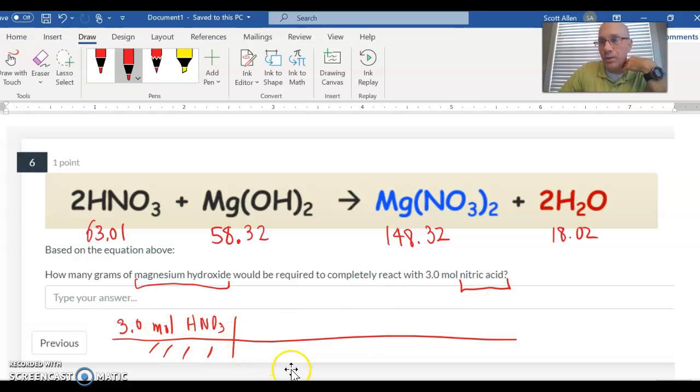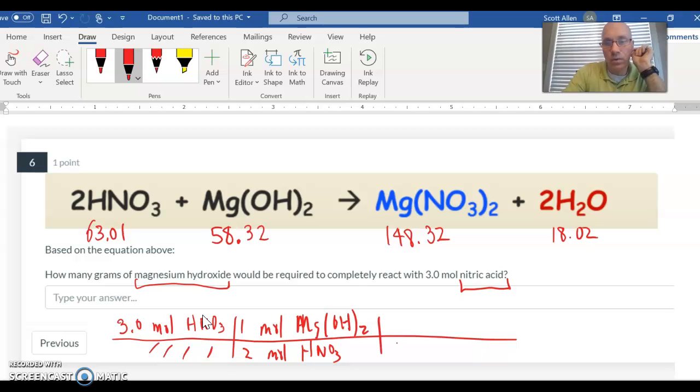Notice we can use that in the very first step, because we know that we need to have moles of HNO3 down here, and that mole to mole ratio has that. So go ahead and use it in the beginning. We're going to go from that to 1 mole of magnesium hydroxide.